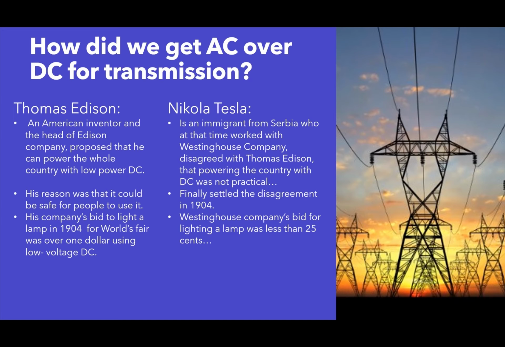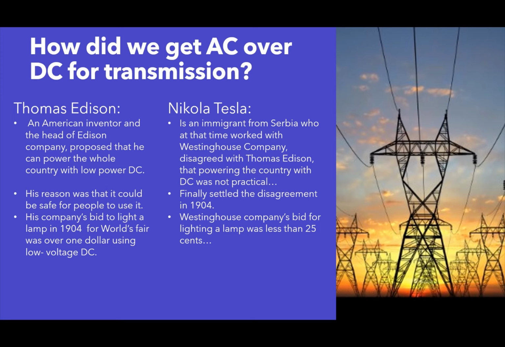They had a disagreement, and then he went to work with Westinghouse, because these two companies were the main two electric companies in the business. One was the Edison electric company, and one was the Westinghouse company. So he was working with Westinghouse.